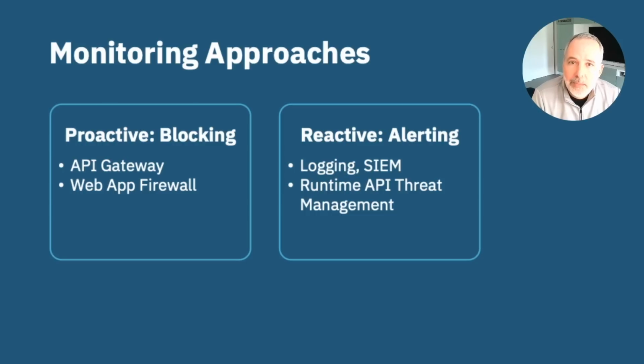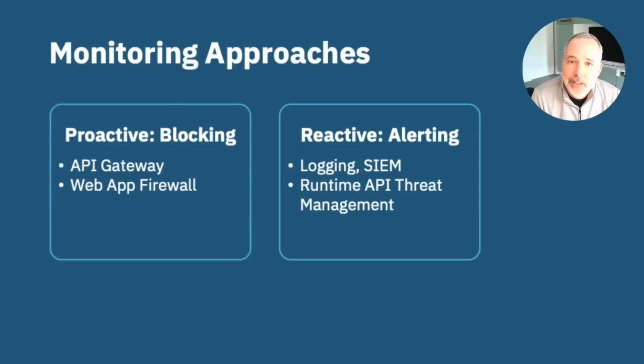The other side is more reactive, like an alerting mode, right? For monitoring here, you probably want to capture all the traffic, log it, and put it into a SIEM, a security information and event management platform, or a log management solution, or a runtime API threat management tool. The issue here is you may not have enough context in order to make judgments about whether the traffic is legitimate or not.